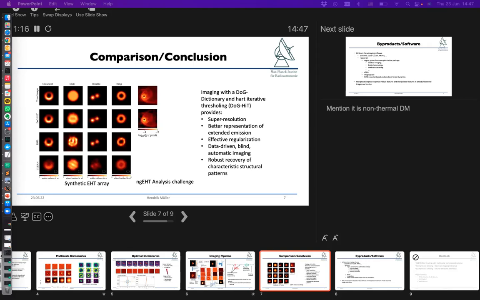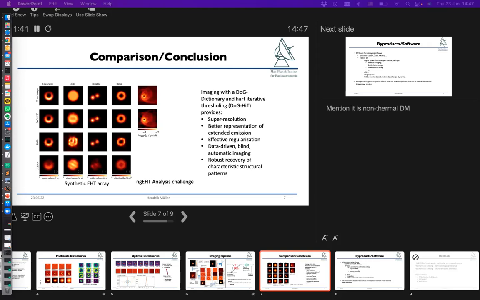So we are introducing effective regularization, but the main selling point is that we only have one parameter. This was this alpha that was describing how much we threshold every wavelet parameter. So what we are doing here is pretty much data-driven, is blind, and can be seen as a major step in the direction of doing more automatic imaging.